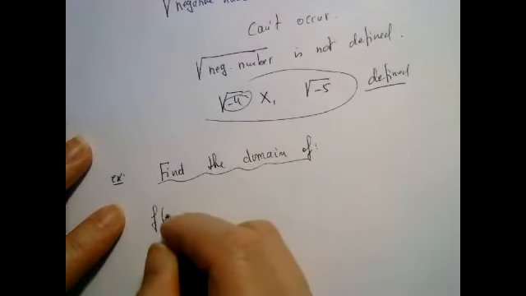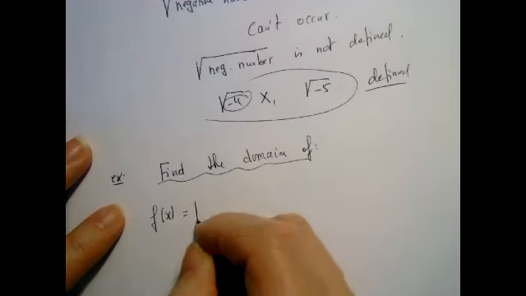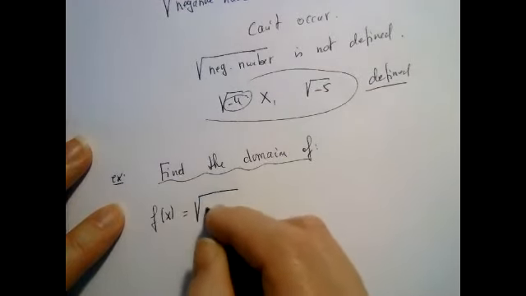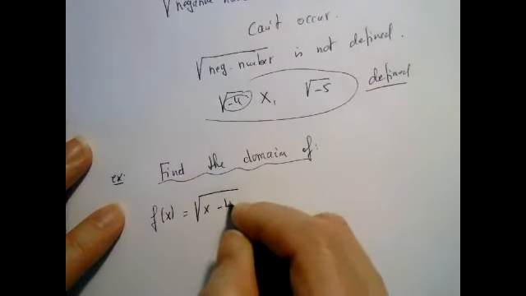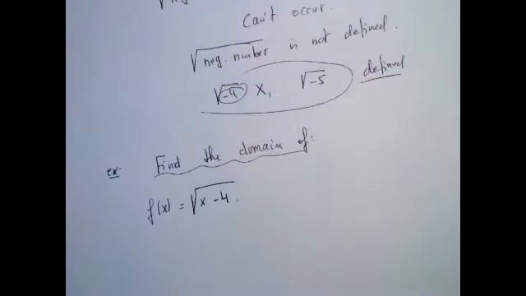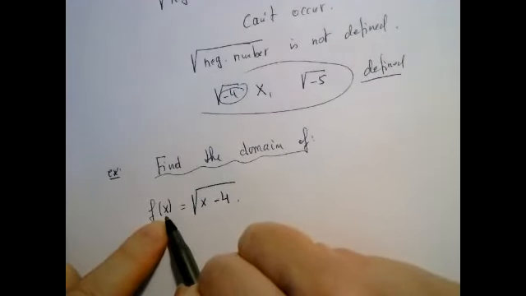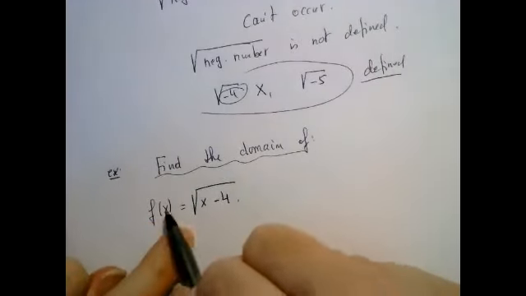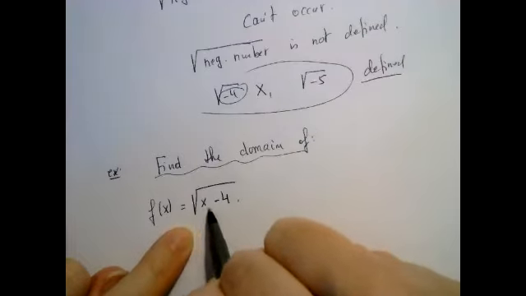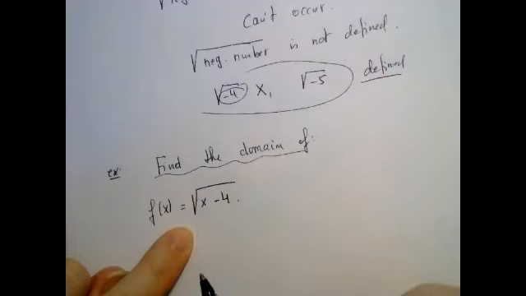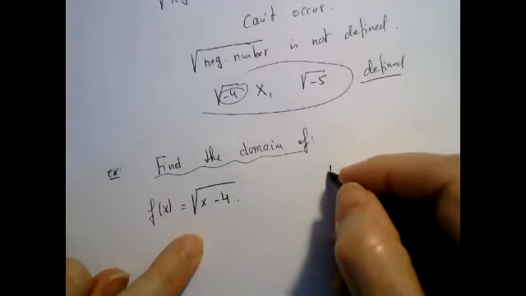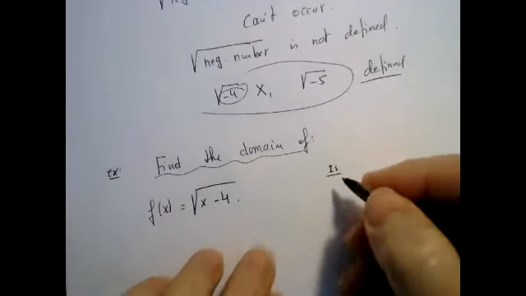F of x equals the square root of x minus 4. Okay, what's the domain? It means what x's can I put in here so that when I plug them into the formula, it will yield an output. That's really the domain.